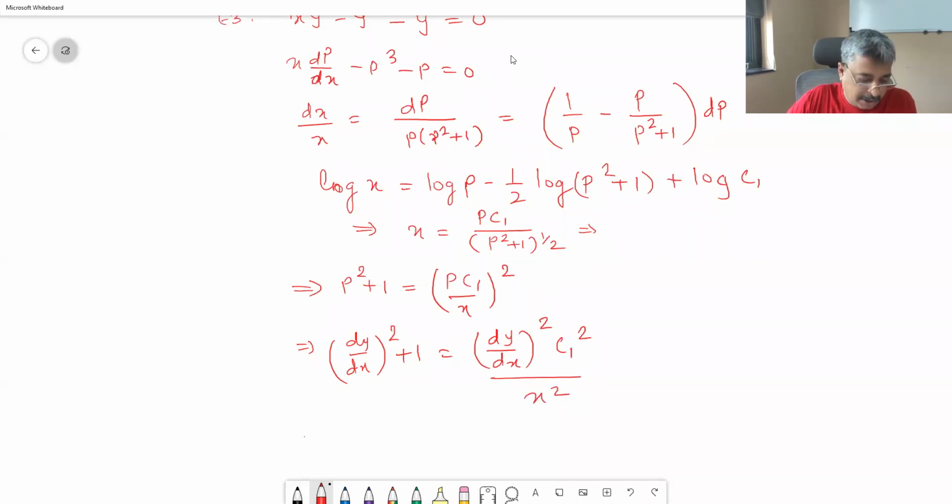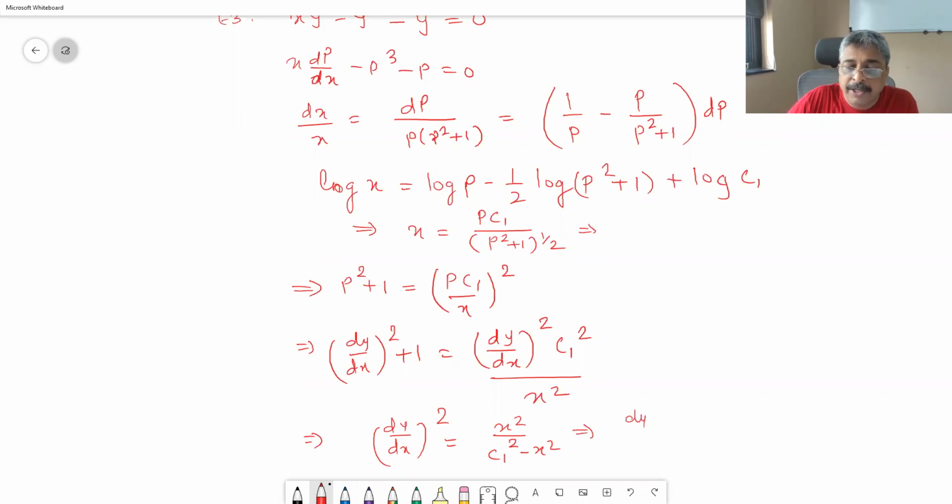If you cross multiply or simplify it, you get (dy by dx) square is equal to, I don't think I am wrong, x square upon (c1 square minus x square), and hence you should be able to solve it, because you take the root of this and then solve.